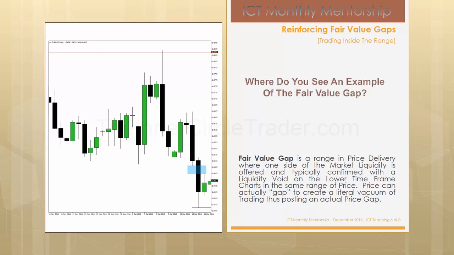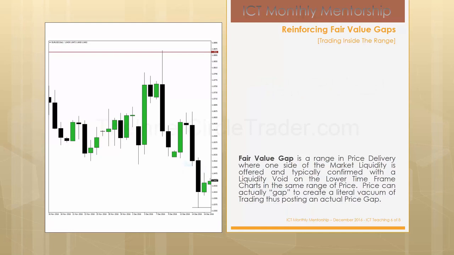It's that blue shaded area on the daily chart. Let me explain why I'm shading in that specific area of price. It's about a 20 pip range on the daily. But inside of that blue shaded area, that is what is commonly referred to in my work as a fair value gap.